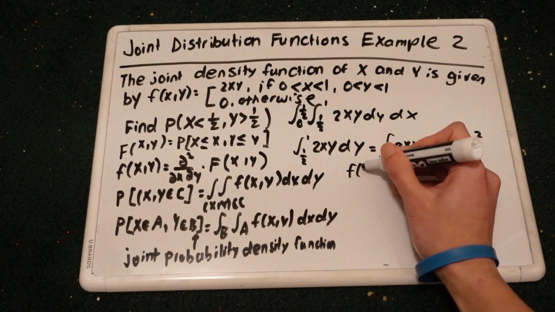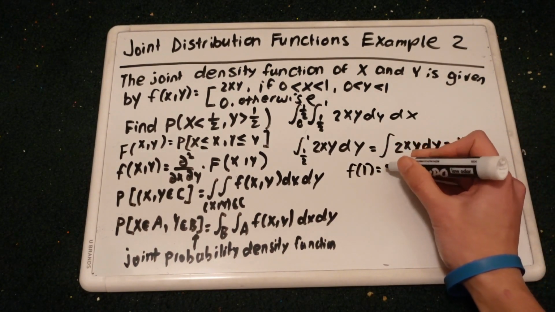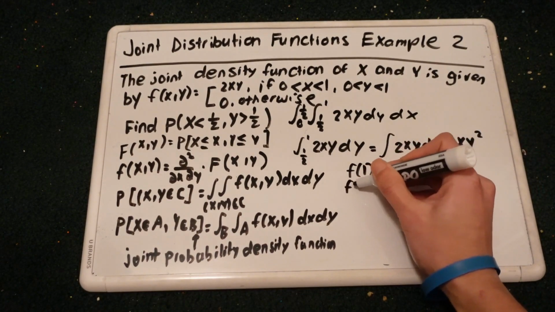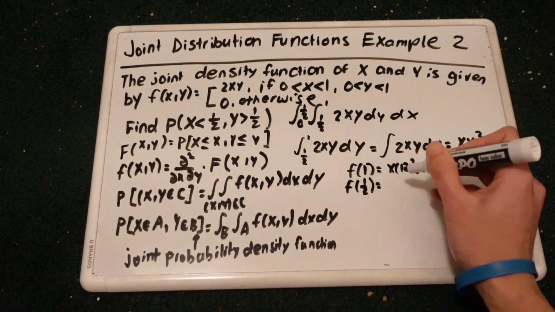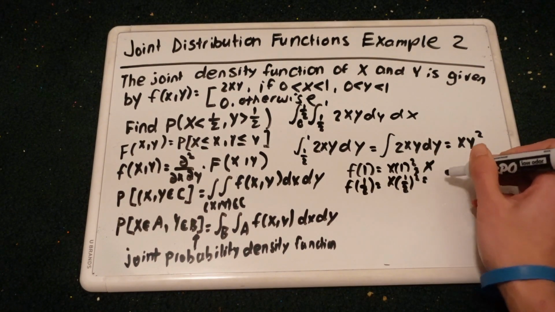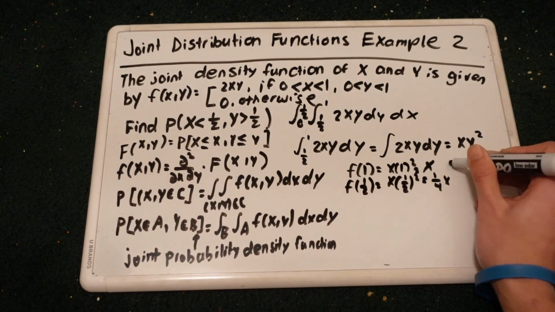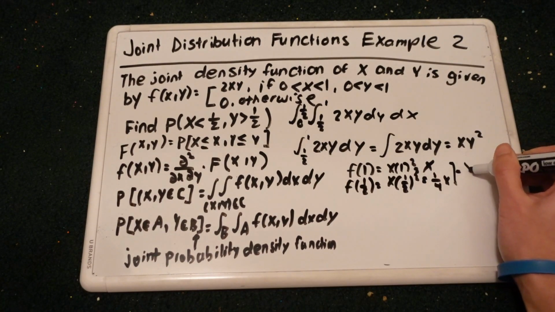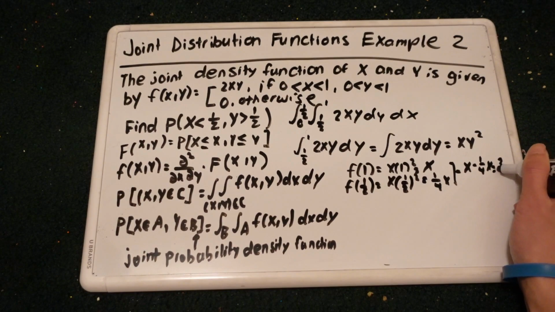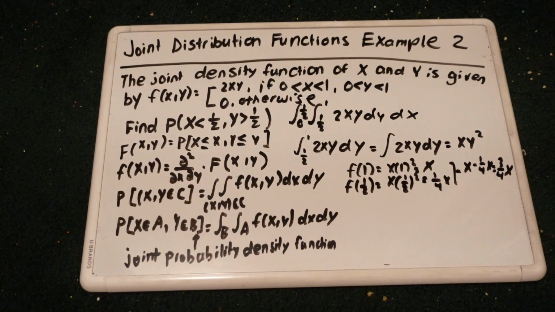And now let me plug in 1 here. So that would be x, minus a half squared, which is just a fourth x. And x minus a fourth x is just 3 over 4 x.